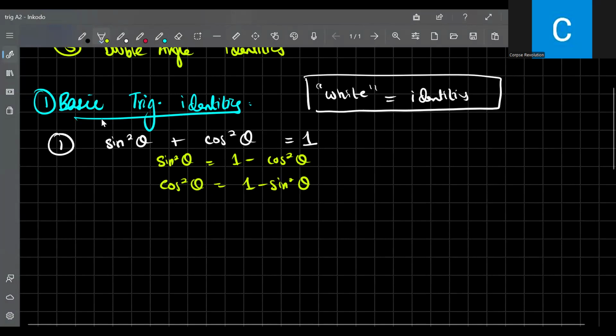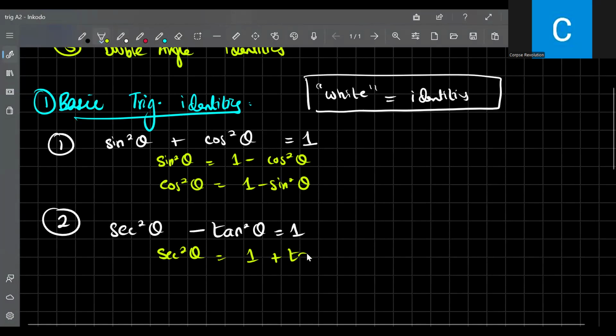All right. So we have number two, sec square theta minus tan square theta is equal to 1. This can be rewritten as sec square theta is equal to 1 plus tan square theta, or it can be written as tan square theta is equal to sec square theta minus 1.